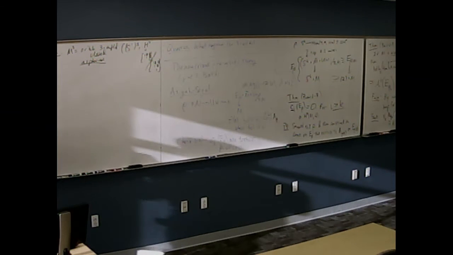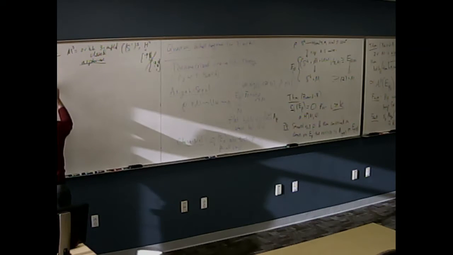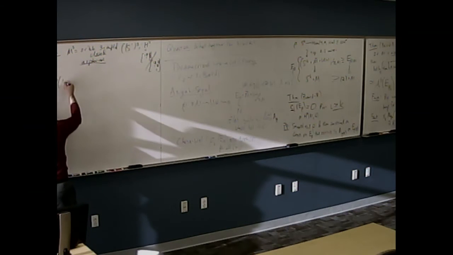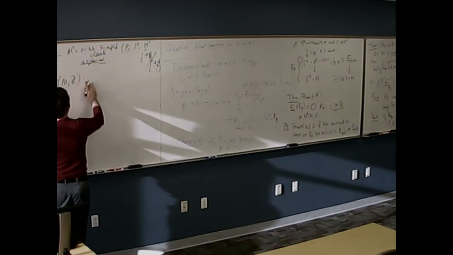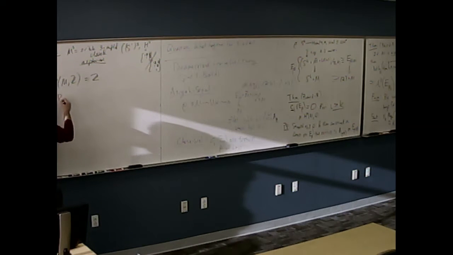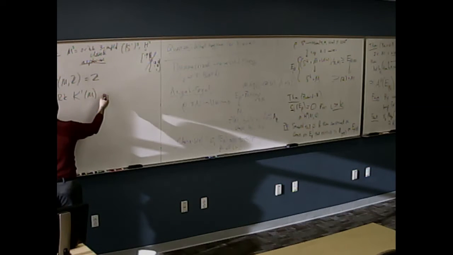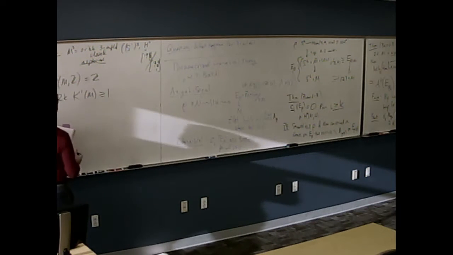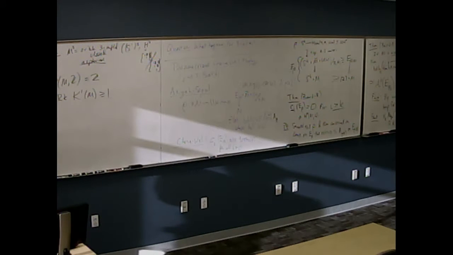Okay, so this is what I want to think about. What we know here by orientability is that the 3-dimensional cohomology is Z. And that tells us that the rank of the first K-theory group of M is at least 1. So the K-theory sees the cohomology in this way.